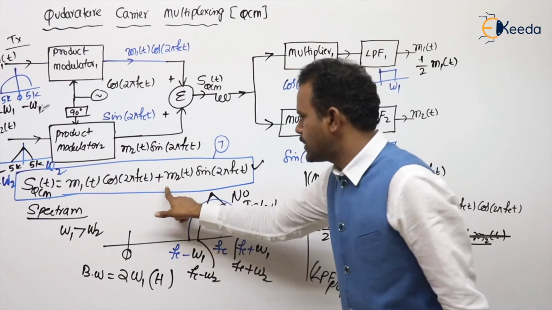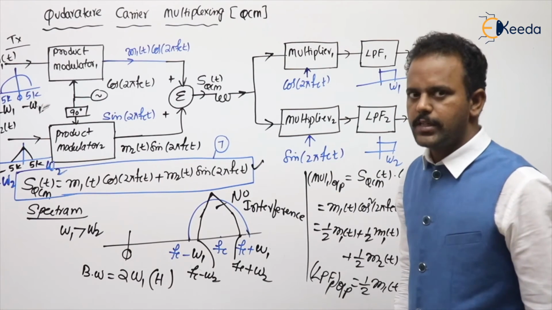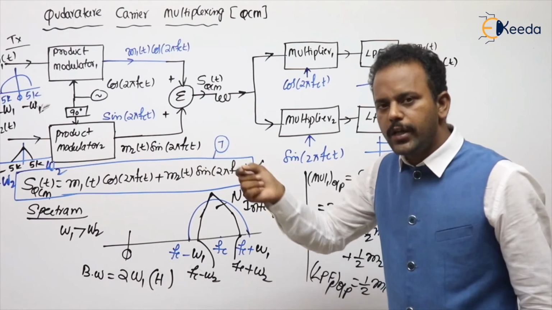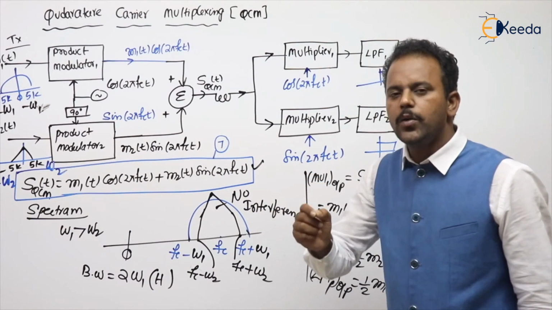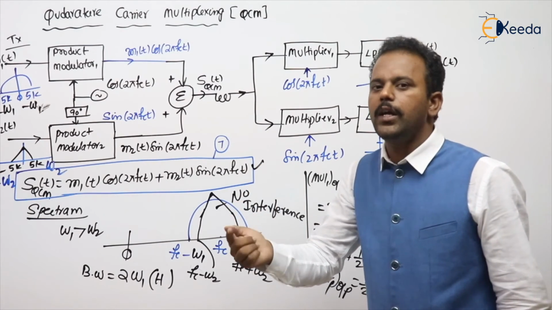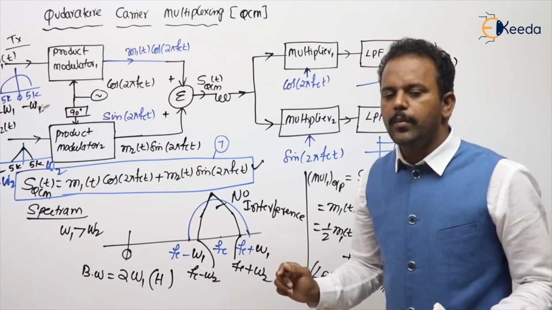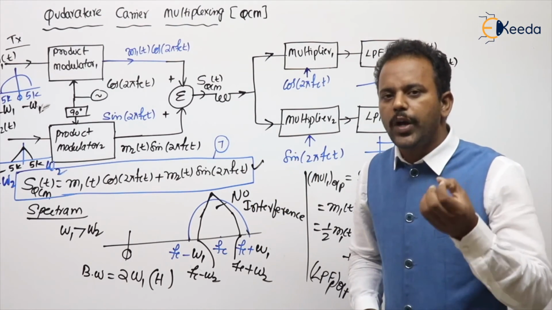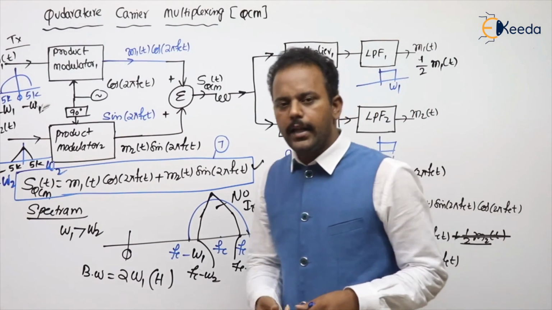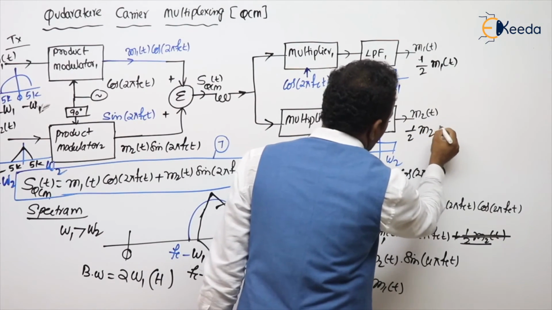Plus M2 of t into sin square 2 pi FCT, and sin square is (1 minus cos 4 pi FCT) by 2. That means 1 by 2 into M2 of t minus 1 by 2 into M2 of t into cos 4 pi FCT. The first and third terms are 4 pi FCT, meaning 2FC frequency, and both are blocked by this low pass filter. The middle term gives 1 by 2 into M2 of t.